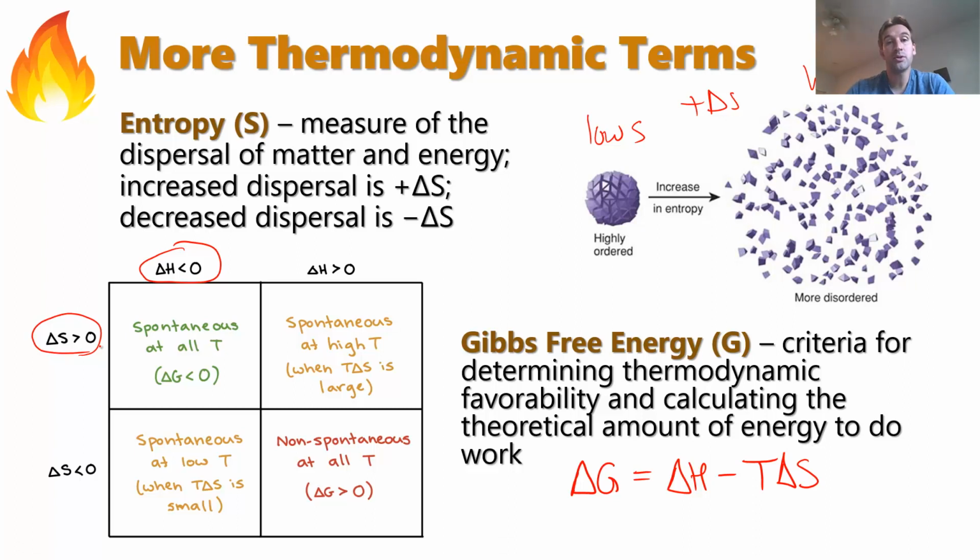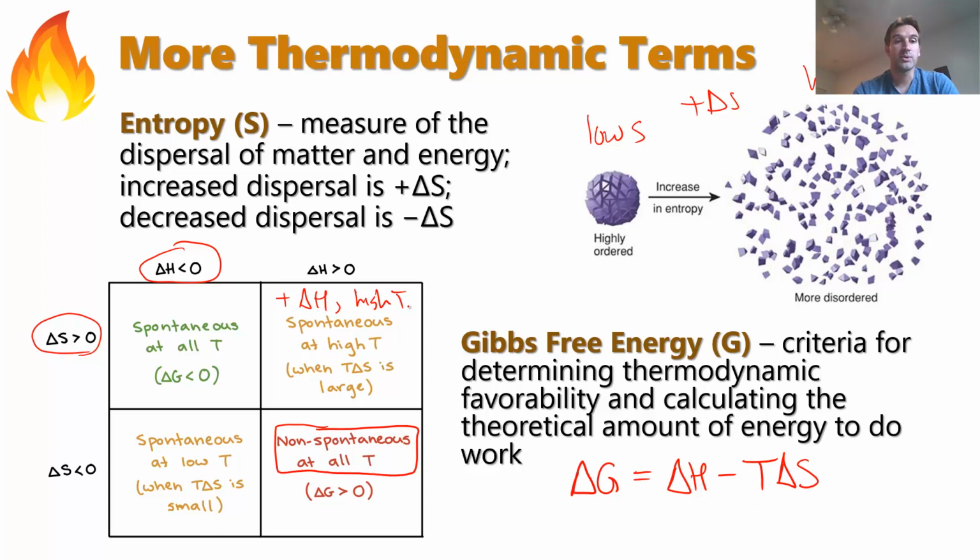So under these two conditions, if you have a negative delta H and a positive delta S, then a process is spontaneous under all conditions. If you reverse that, you have positive delta H with negative delta S, that will be non-spontaneous under all conditions of temperature. For the other two ideas, look at the enthalpy term to be your focus. If we have a positive delta H, it is only going to be spontaneous when it has a high temperature.